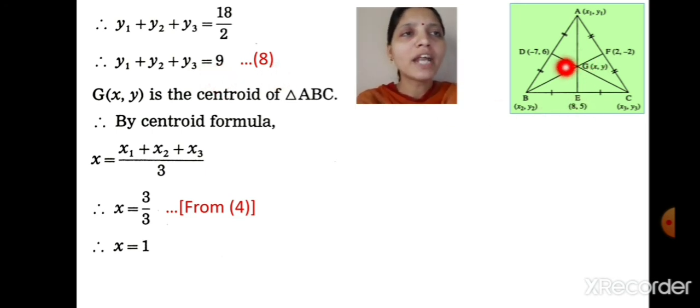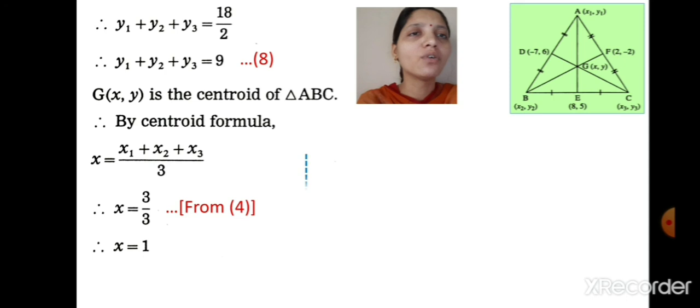Now we know that G is the centroid of this triangle ABC. So by the centroid formula, the x coordinate of the centroid is equal to (x1 plus x2 plus x3) upon 3. We know the value of x1 plus x2 plus x3, that is 3 from equation 4. So substitute here, 3 upon 3 is 1. So we got the x coordinate of this centroid, that is 1.